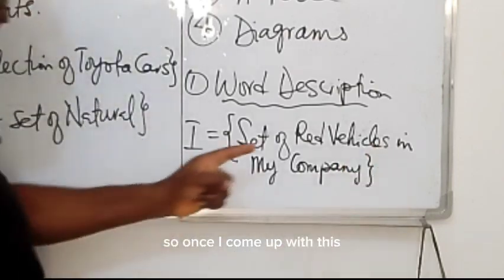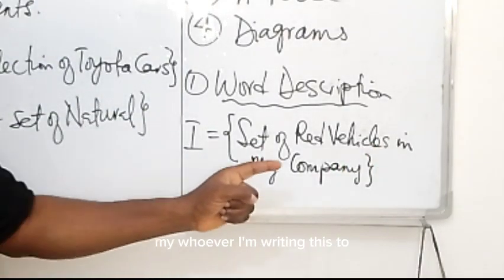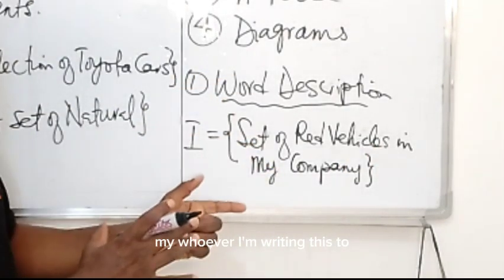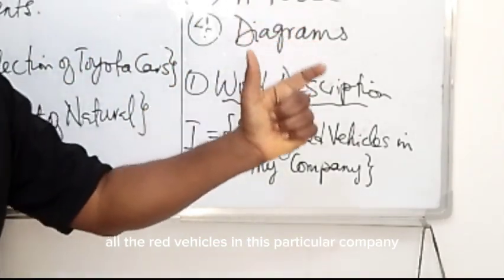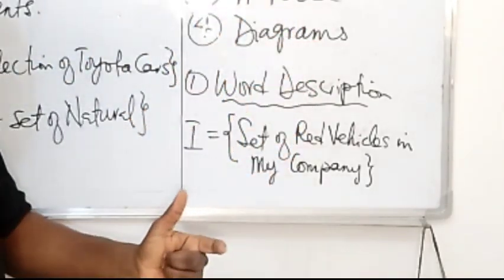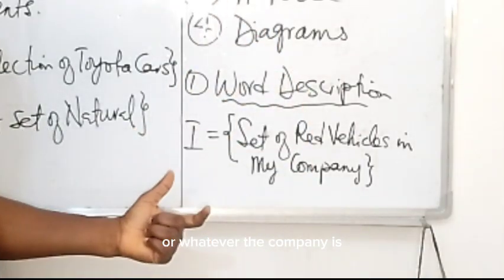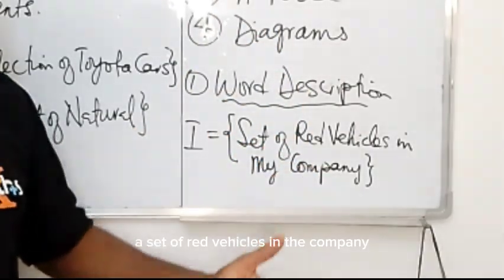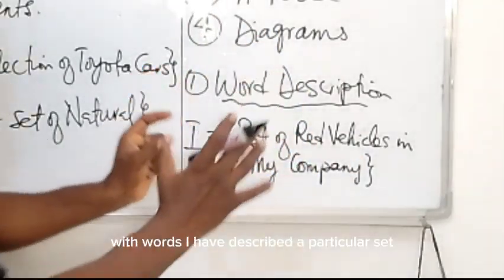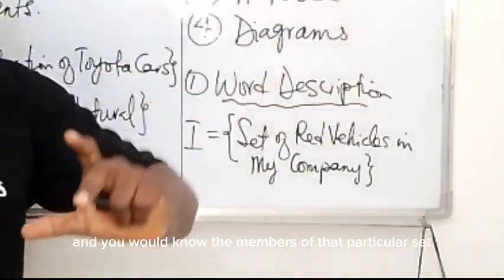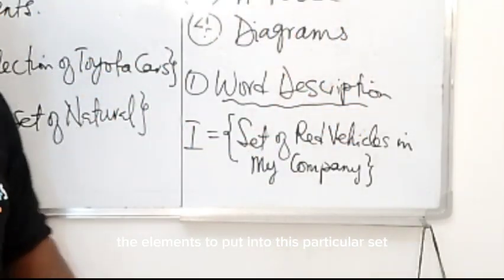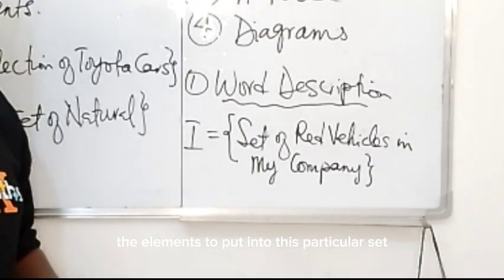Once I come up with this, whoever I'm writing this to will understand exactly all the red vehicles in this particular company, maybe a Julius Berger company or whatever the company is. So a set of red vehicles in the company. With words, I have described a particular set, and you would know the members of that particular set, the elements to put into this particular set.